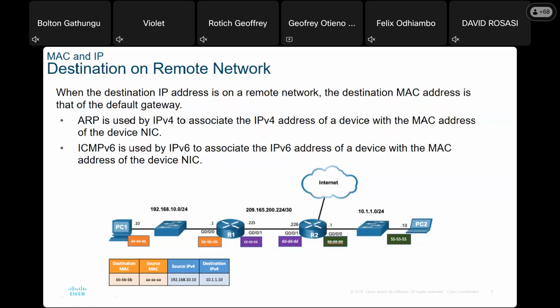So which one is your source and which one is your destination? That's not how things are moving. So that's something that I want you to take note of when examining, because the main objective is to examine these addresses as data is moving from one point to another.